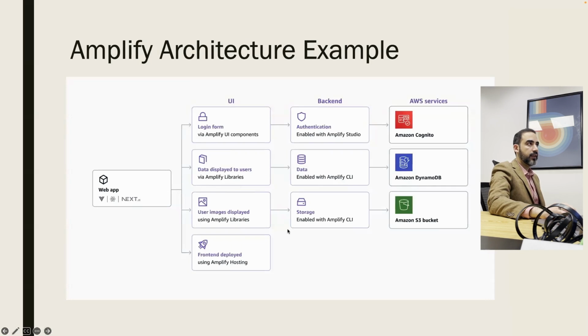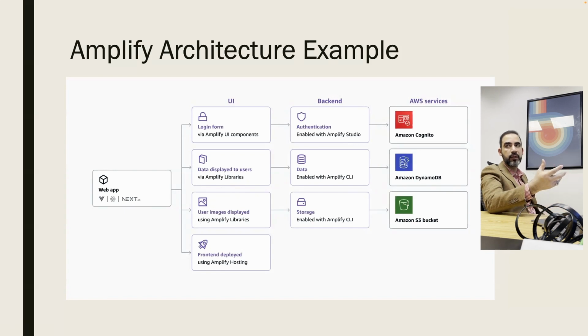Right. This is an example of a sample architecture of what you could have with Amplify. As I mentioned on the UI layer, I mentioned hosting, but Amplify also provides you UI components, like forms that you could just take and reuse. Also for displaying data to users, there are Amplify libraries.